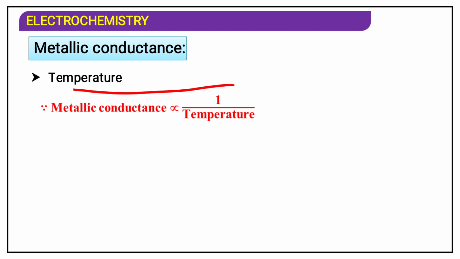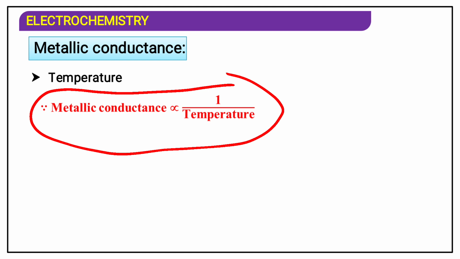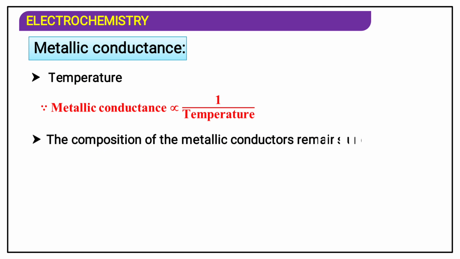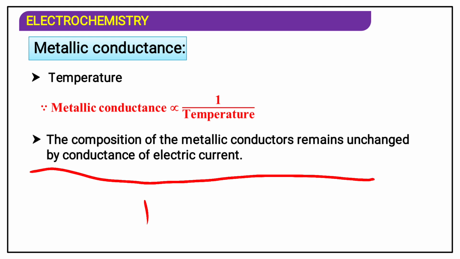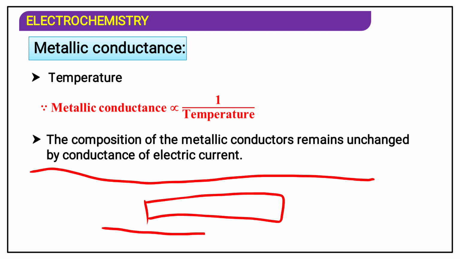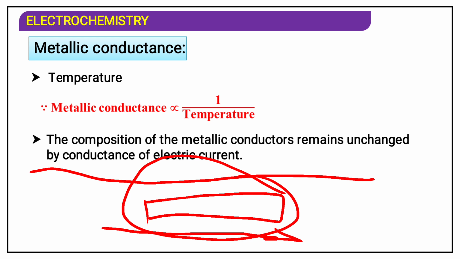Metallic conductance is indirectly proportional to temperature. The last one is that the composition of the metallic conductor remains unchanged; this is an important point, but not a factor. What is the meaning of this point? There is one copper metal here. If electricity is passed through this metallic conductor, then there is no change in the composition of this copper.